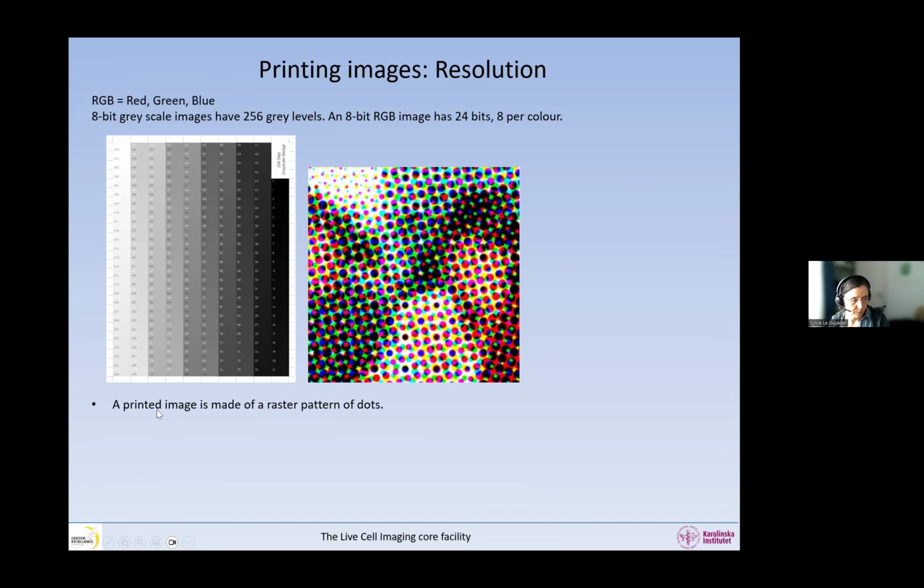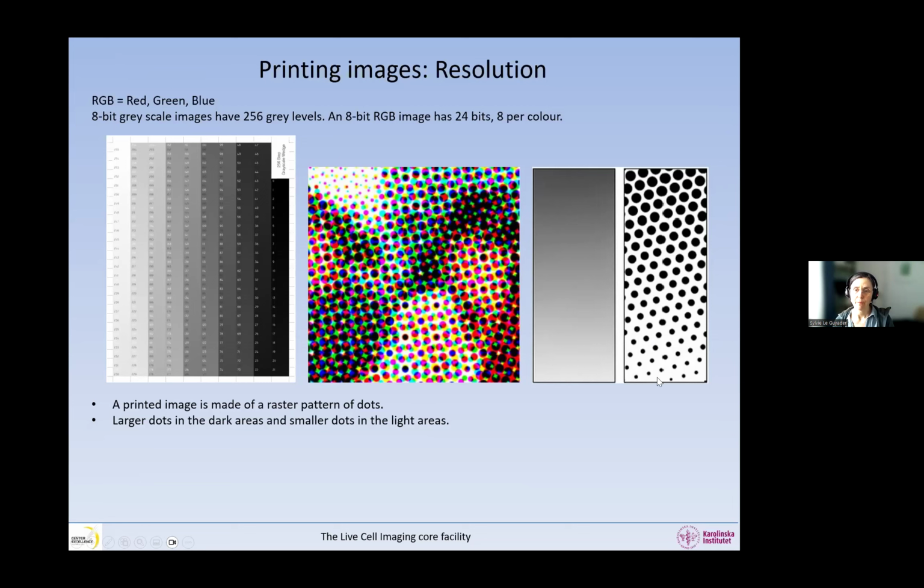So this type of gradient, for example, would be represented in a printed image by a gradient of size of black dots. The large dots are in the dark area and the smaller dots in the lighter area. Of course, if we look from far away, it just looks like a nice smooth gradient because our eyes are just not very good.